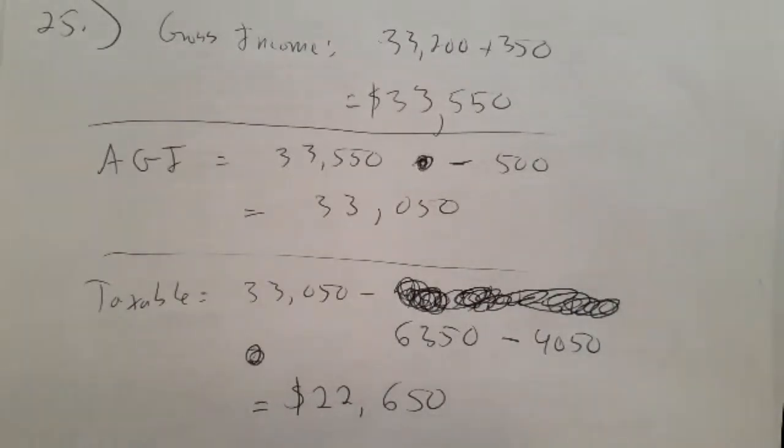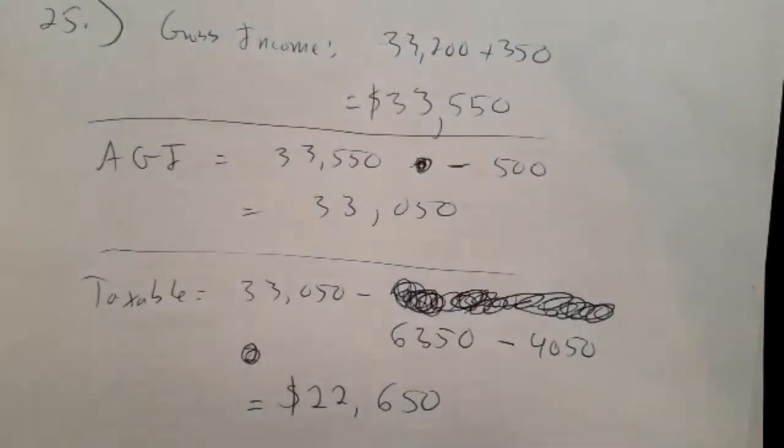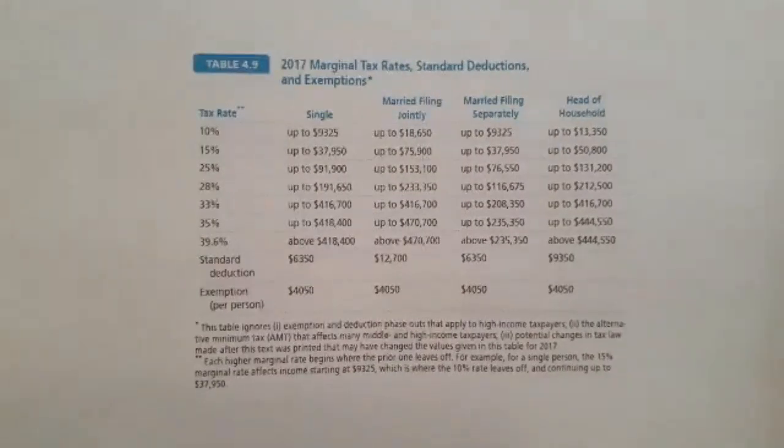Okay. And so if we take those off, I believe it should be what, 22,650? How much was the standard again? 6350? Yeah, and that's just coming from this table, right? 6350 and 4050, I believe, for the single.